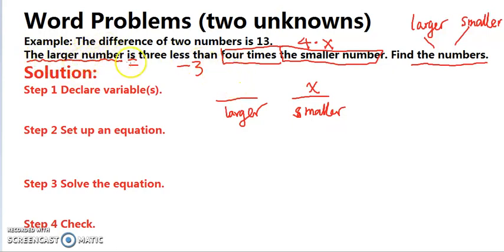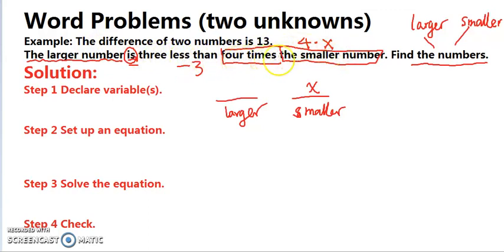What's the larger number? The second sentence tells us clearly that the larger number is something, so I would use this to rewrite it: the larger number is 3 less than 4 times x.